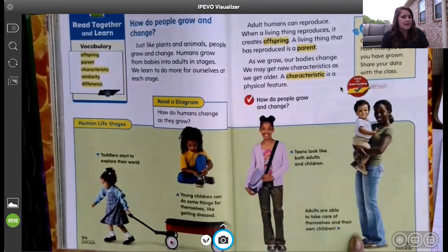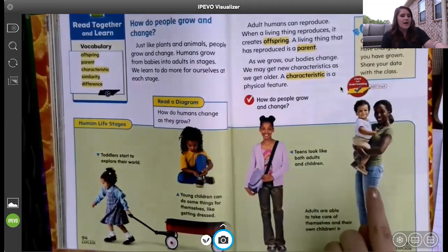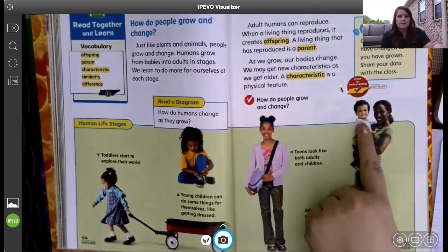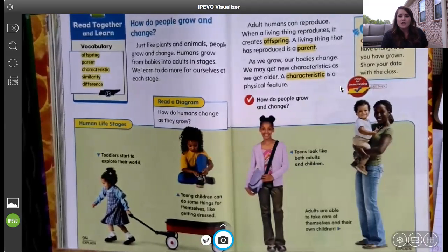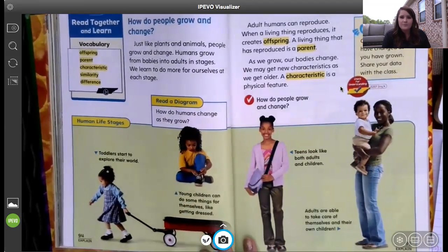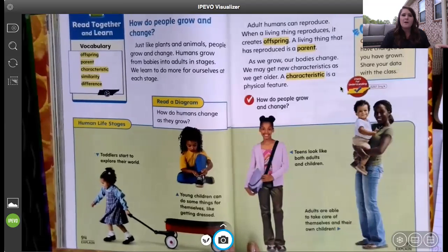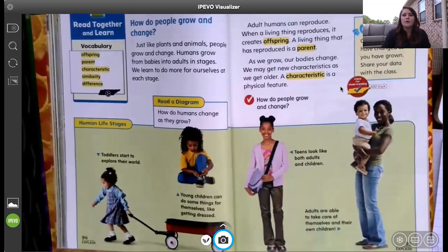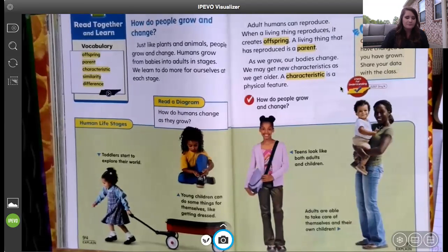And it says she's able to take care of herself and her own children. So as she's an adult and she decided to have a baby, now she has offspring. She has a child, and that little boy will have his own life cycle too. So it's really cool that we talk about the life cycle happening over and over and over again. That's what happens to people too.